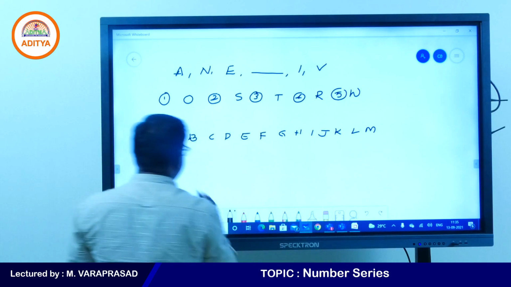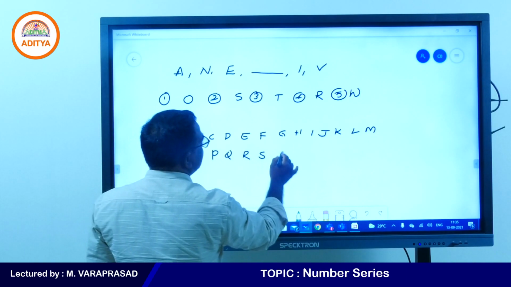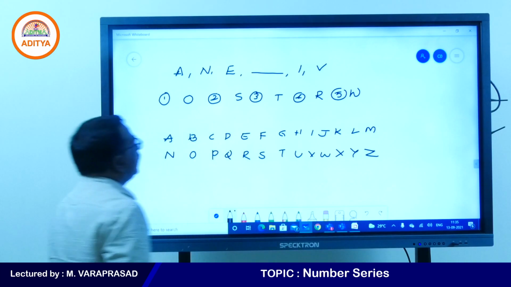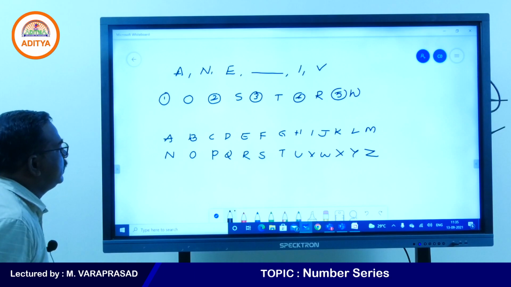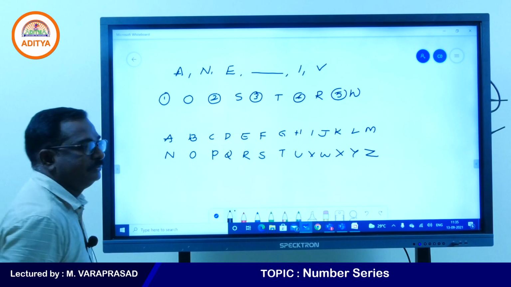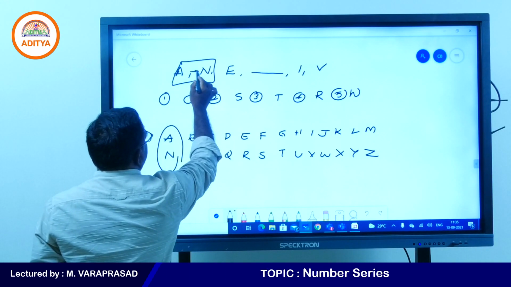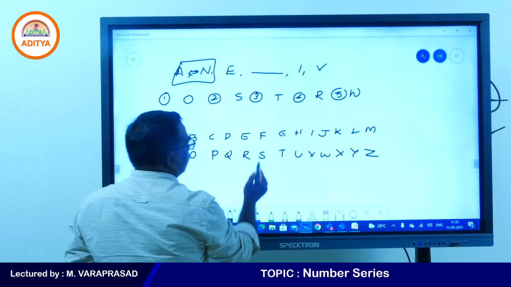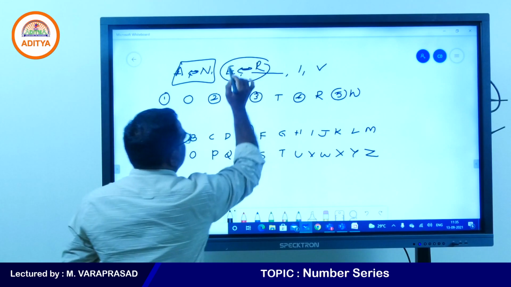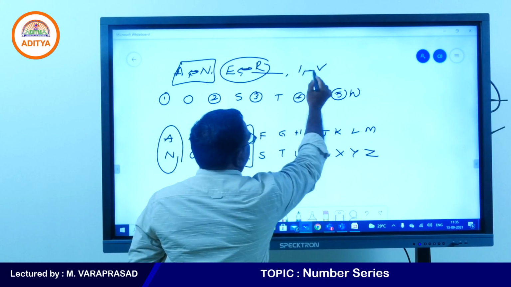And if you write N, O, P, Q, R, S, T, U, V, W, X, Y, Z. What have they written, once you see? A-N is written here, opposite letters. E-R, E-R, opposite letters. Next one I-V, I-V, opposite letters.